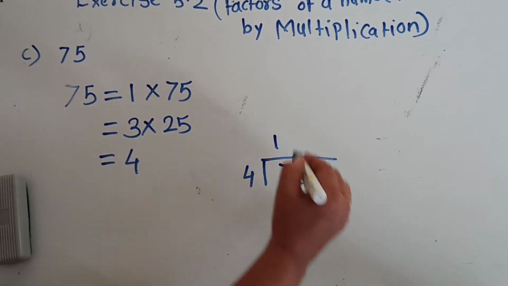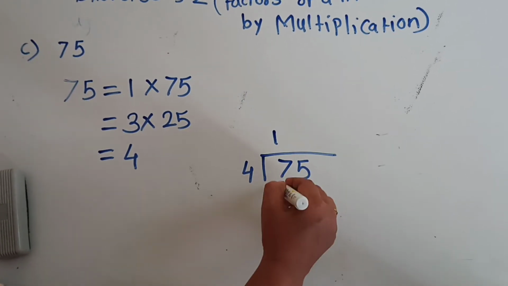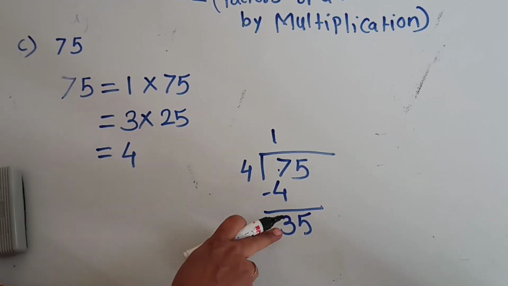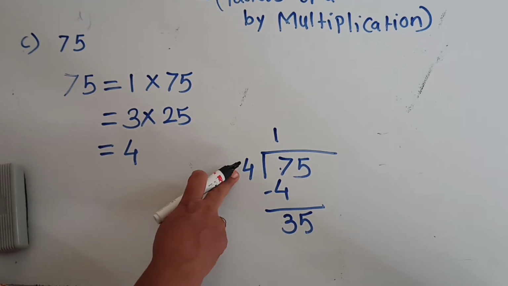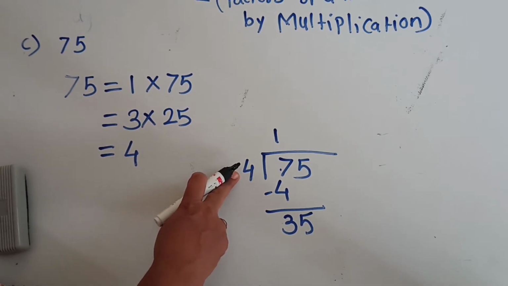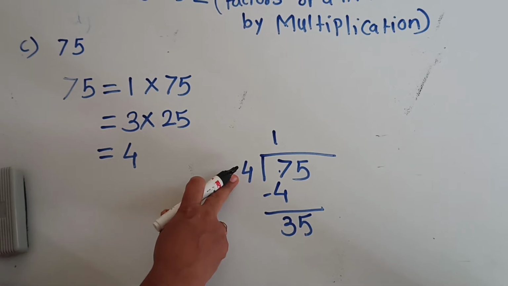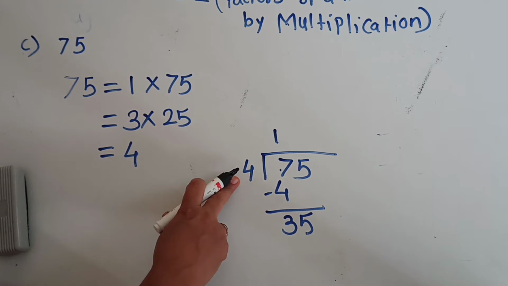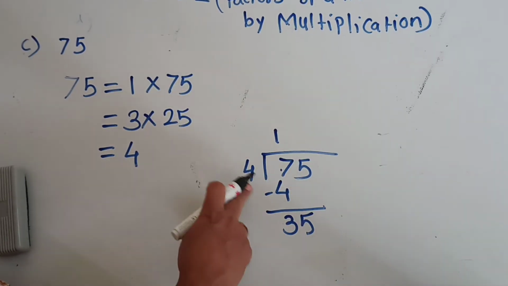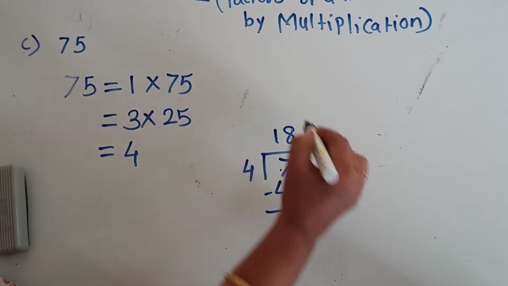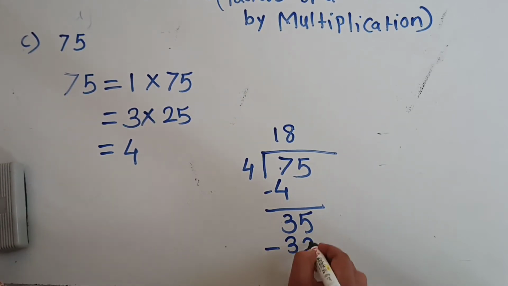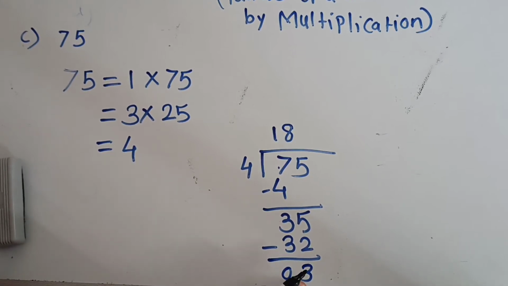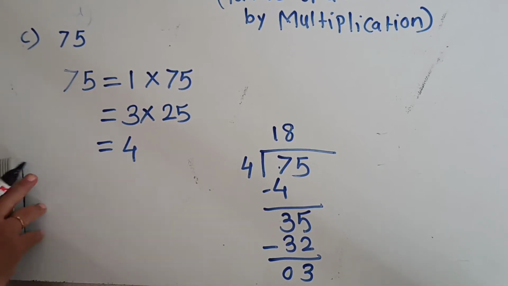Okay, 4 ones are 4. 7 minus 4, 3, and then 5. 4 ones are 4, 4 2s are 8, 4 3s are 12, 4 4s are 16, 4 5s are 20, 4 6s are 24, 4 7s are 28, 4 8s are 32, and 4 9s are 36. So 4 8s are 32, and 35 minus 32, 3, and here is remainder 3. So 4 is not a factor of 75.